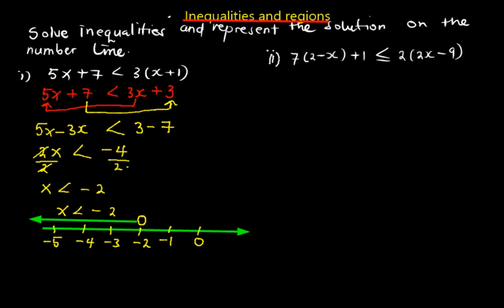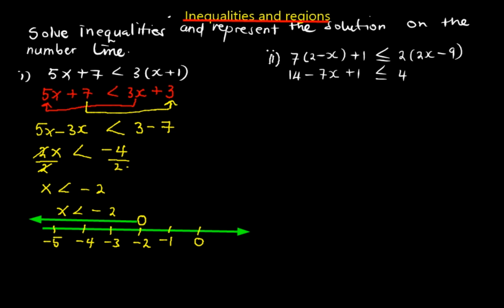So we have to first open the brackets, and if we base on the left hand side, we shall have 7 times 2, that is 14, minus 7 times negative x, that is negative 7x, plus 1, and everything is less than or equal to, what is 2 times 2x?